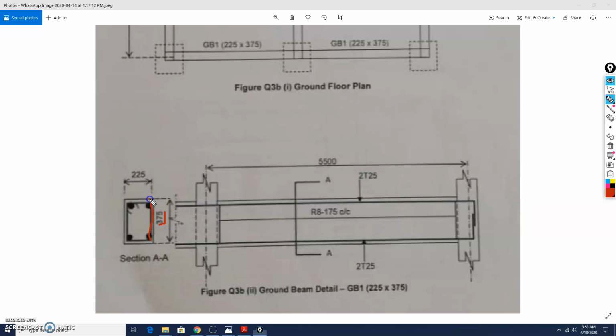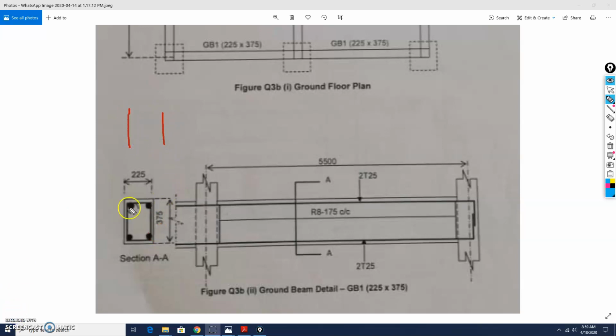If you look here, you need to minus 2 covers. The cover will be 25 mm for one cover. Then you need to multiply with 2.